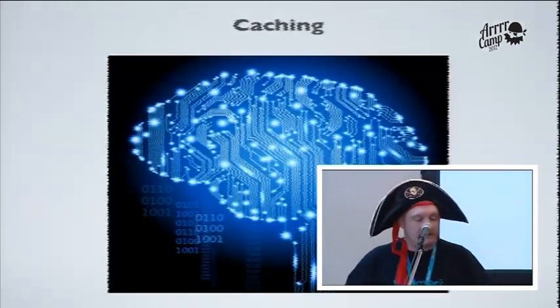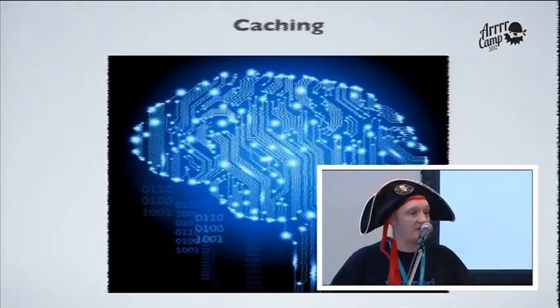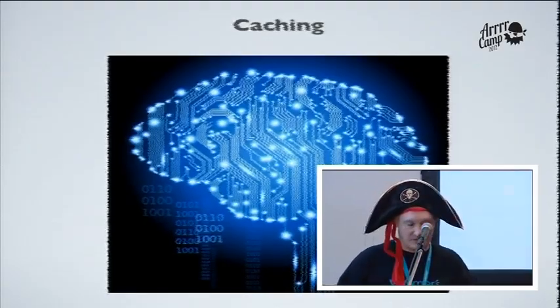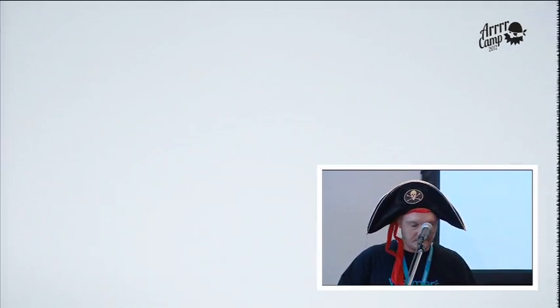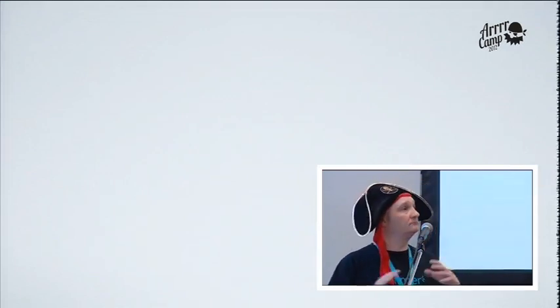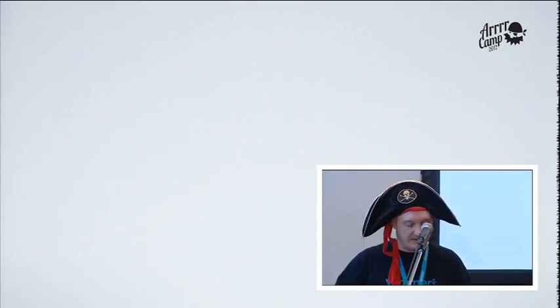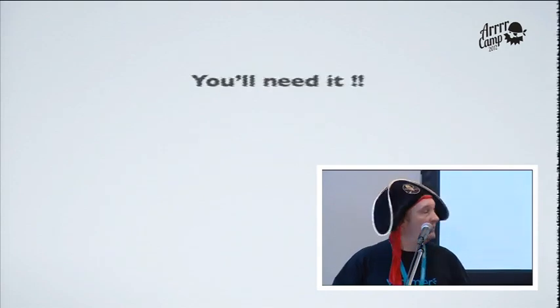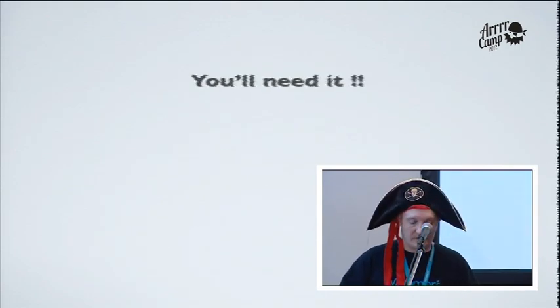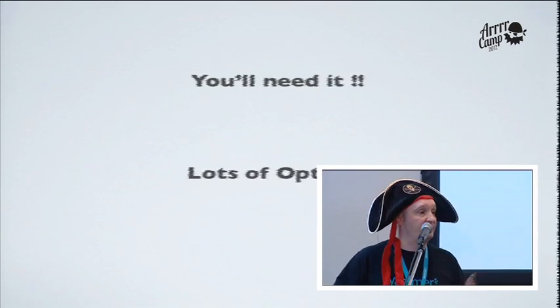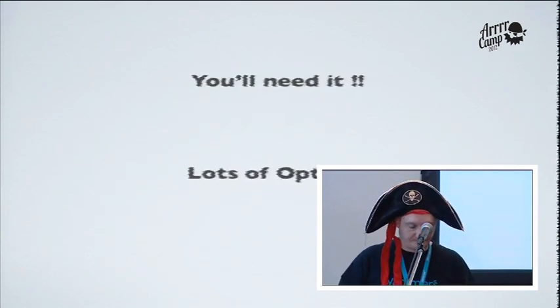That's it for services. So let's talk about the third part of our scalability strategy, which is caching. When you start a Rails application and when it grows very rapidly, you will need caching every time. And then you have a lot of different options you can choose.